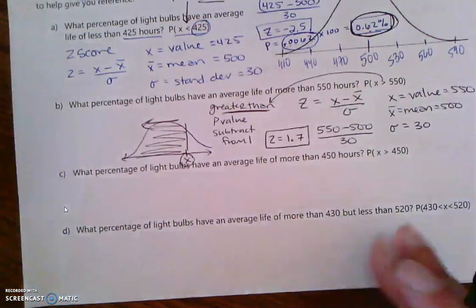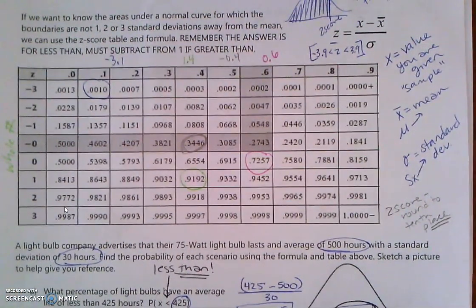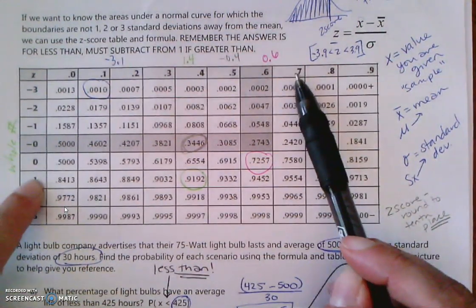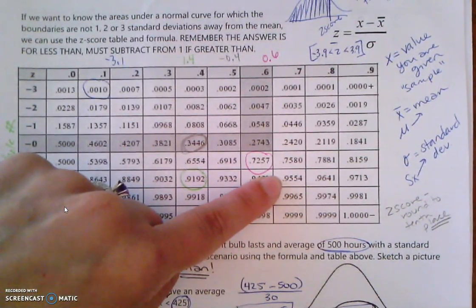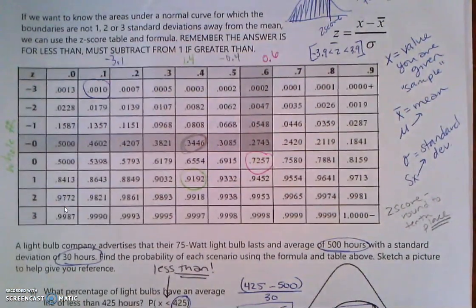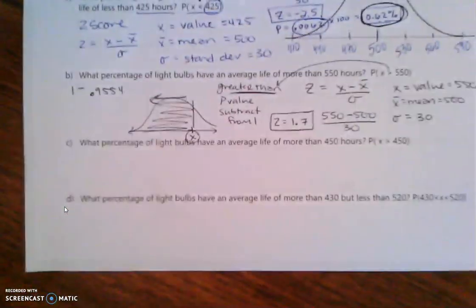So I'm going to go back up to my table. My z-score was 1.7, so I'm going to go to 1 and I'm going to go to 0.7. We get 0.9554. Now back down to my problem.